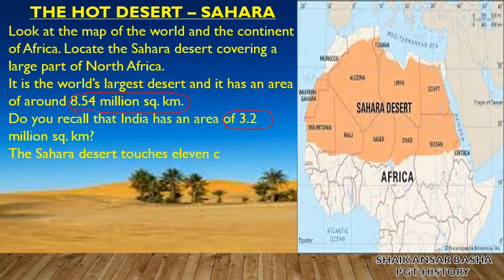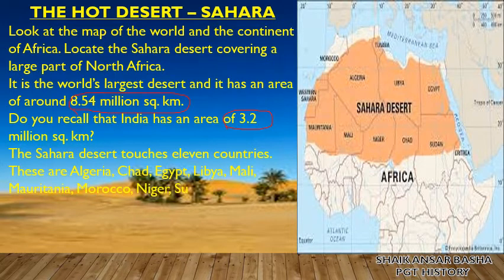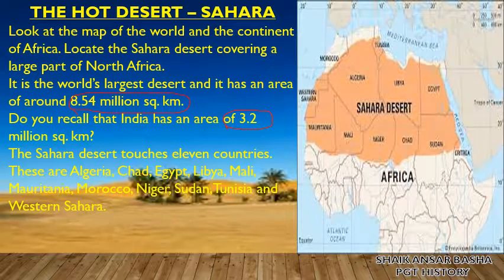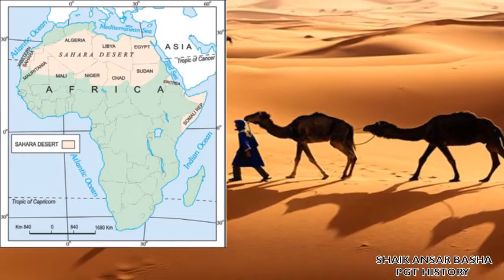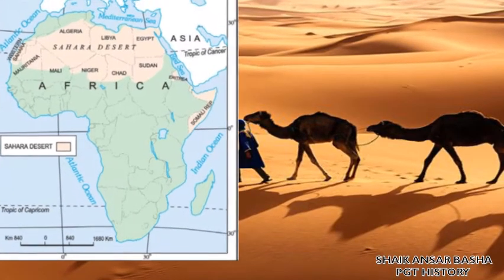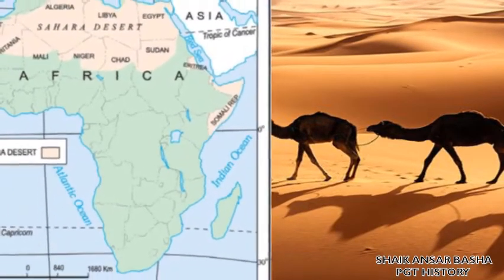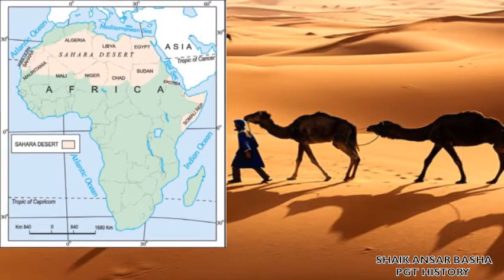The Sahara Desert touches 11 countries. These are Algeria, Chad, Egypt, Libya, Mali, Mauritania, Morocco, Niger, Sudan, Tunisia, and Western Sahara. This is the map of the Sahara Desert, which covers most of northern Africa.